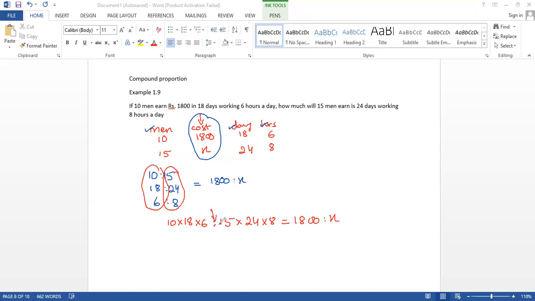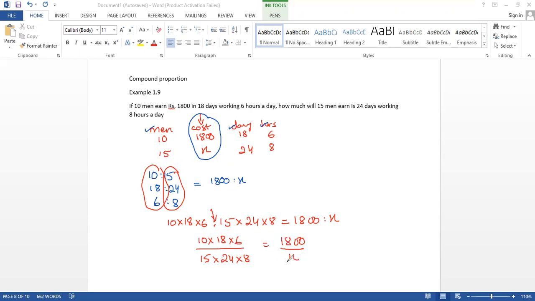So where I have this ratio, that is the point where I can convert it into a fraction. 10 times 18 times 6 over 15 times 24 times 8 is equal to 1800 over x.